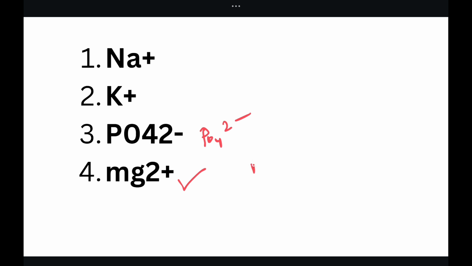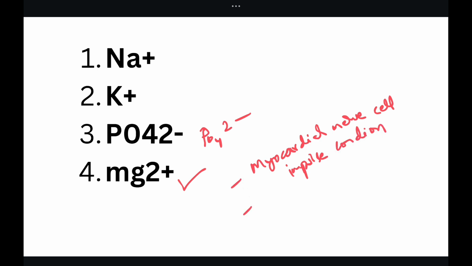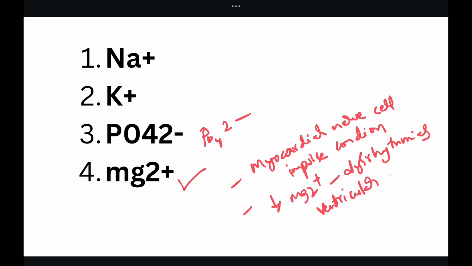Magnesium plays an important role in myocardial nerve cell impulse conduction. Low magnesium levels will lead to dysrhythmias, especially ventricular dysrhythmias.